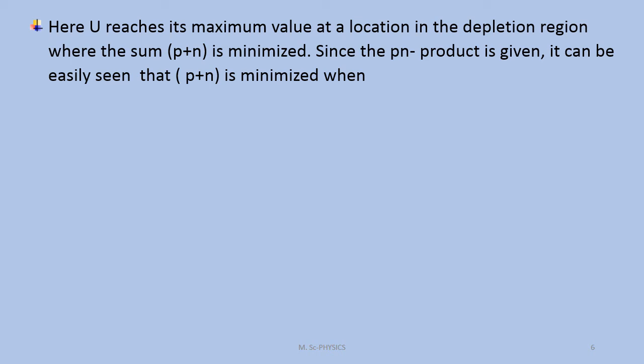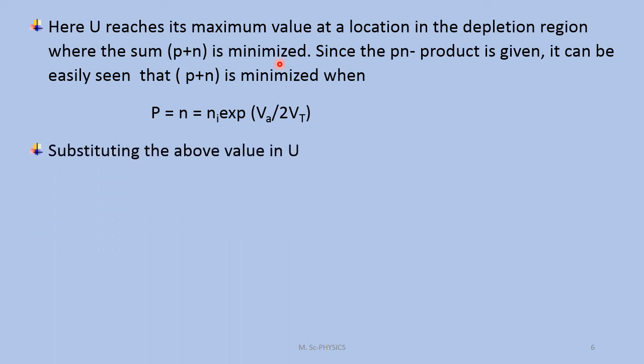Since the pn product is given, it can be easily seen that p plus n is minimized when p is equal to n is equal to ni exp(Va/2Vt). Substituting this value in U, U maximum is equal to ni squared (exp(Va/Vt) minus 1) divided by 2 tau naught (exp(Va/2Vt) plus 1).